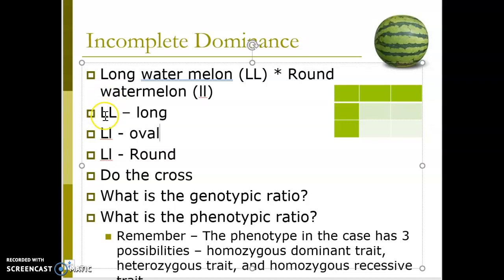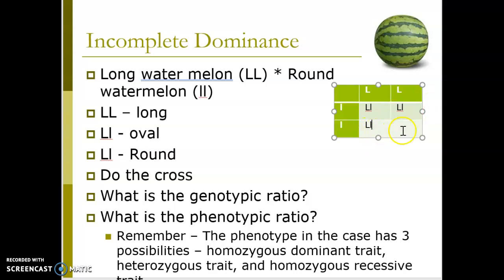So these guys are what I'm going to be putting in here, but I'm going to breed a long one, which is big L, and you have a spot in your notes to do this, or you can draw in a spot. All right, and then we've got little l, and then I'm going to fill in. So this parent is long, this parent is round, but my kids are going to be a blending between the two, which means they're oval, okay?